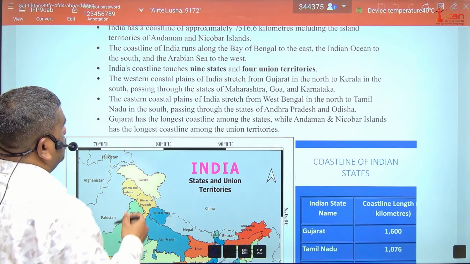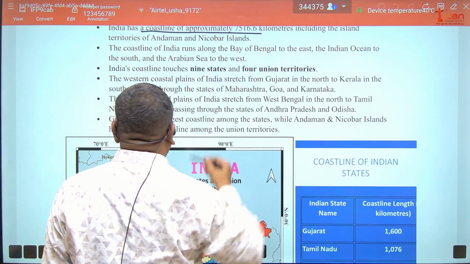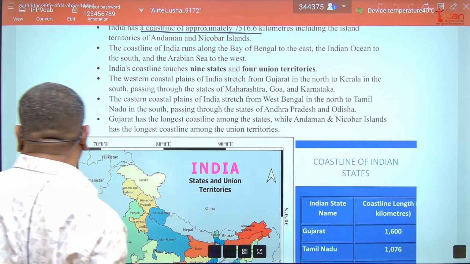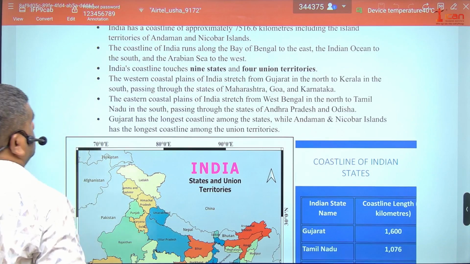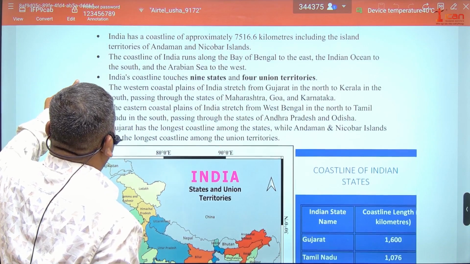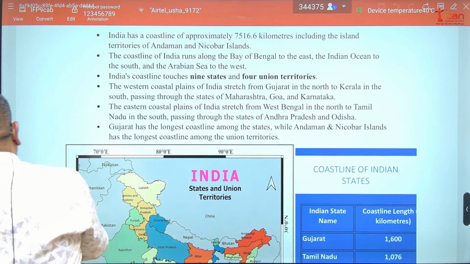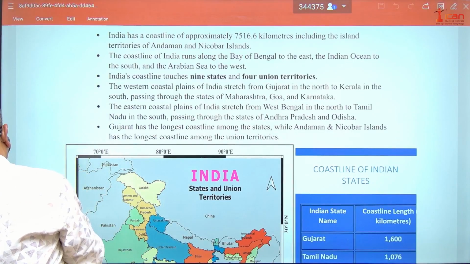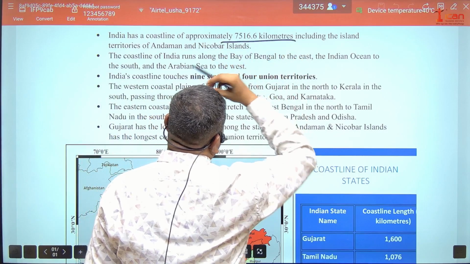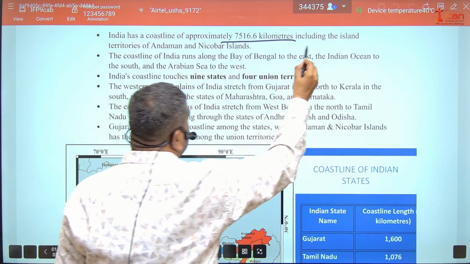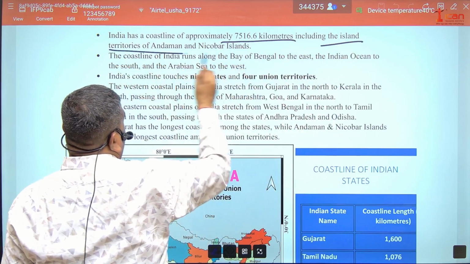Now we have a coastline of approximately 7,516.6 kilometers, and this includes the island territories of Andaman and Nicobar Islands, right?